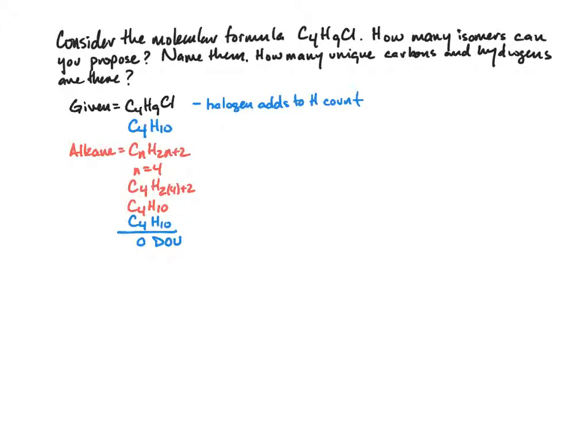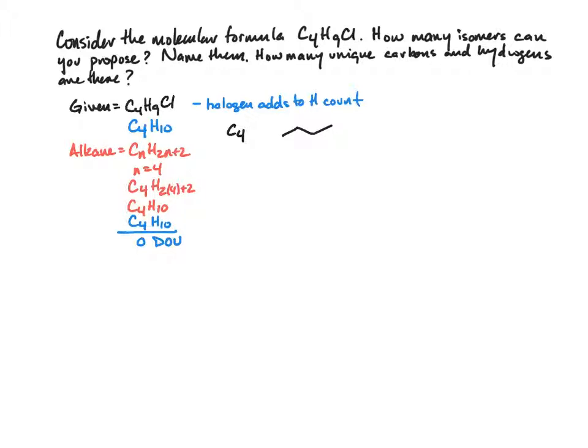The way that I like to consider this type of problem is, because there are no degrees of unsaturation, we're going to start with a C4 chain. What I want to do here is categorize the longest carbon chain. It's going to have 4 carbons, so we can draw that out.